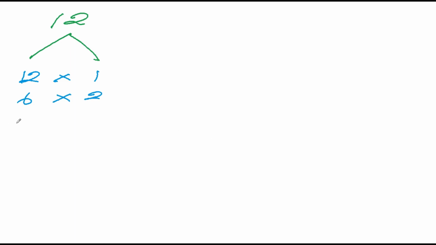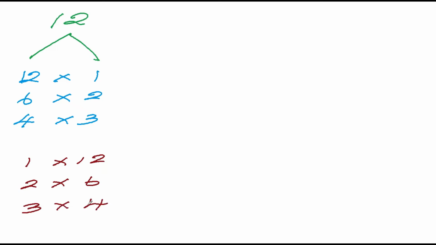Are there any other ways? Yes, of course. 4 into 3. Are there any other ways? I guess no. What about 1 into 12? Yes. What about 2 into 6? Of course, yes. What about 3 into 4? Yes, it will create 12.